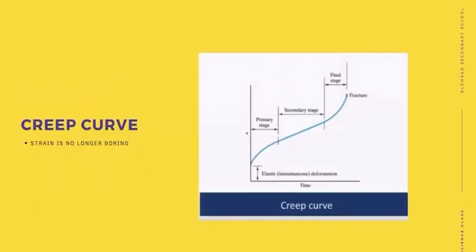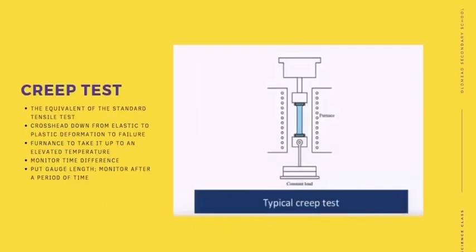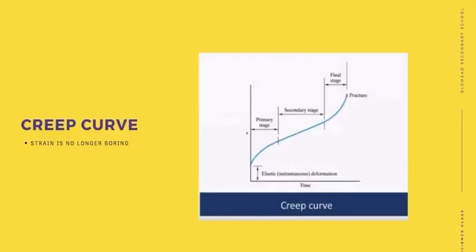And then of course, if you use this creep test over the standard tensile test that we used before, you'll actually get this curve. It says here that the strain is no longer boring compared to the strain defined and illustrated earlier.